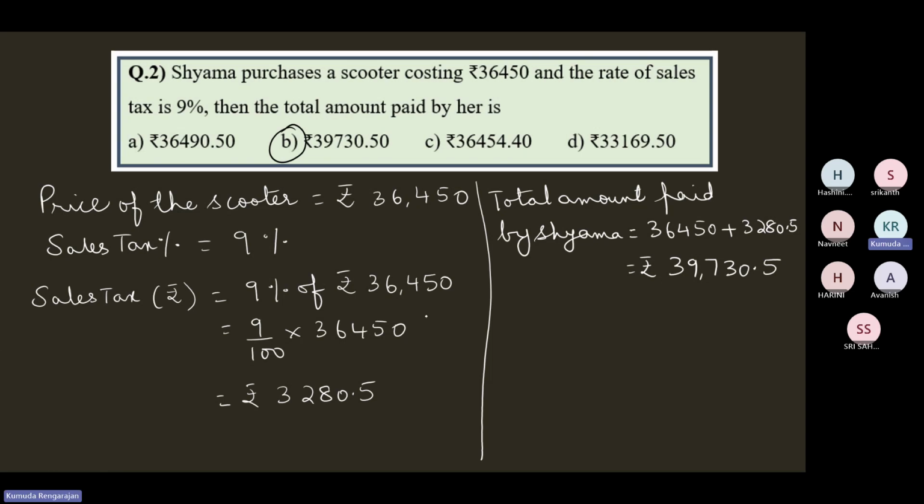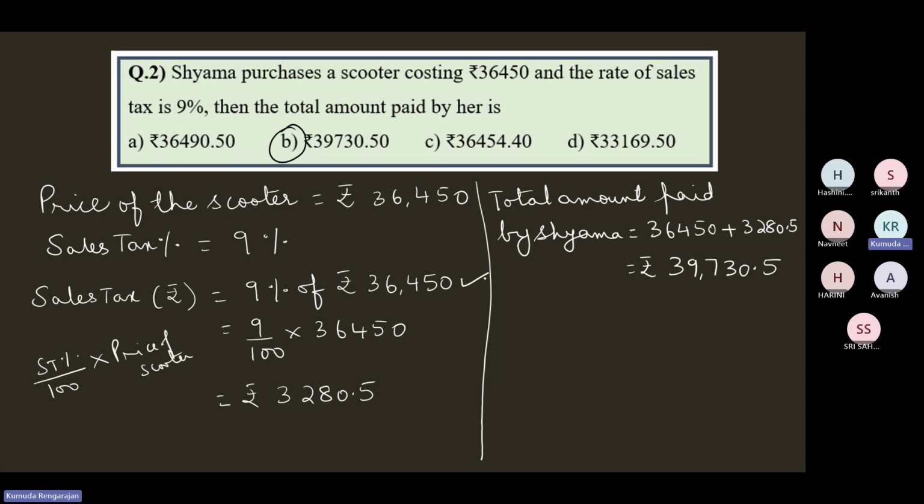You can do it like this, or you could have used the formula. Sales tax in rupees is equal to sales tax percentage by 100 into the price of the scooter. After substituting, you will get the same thing.